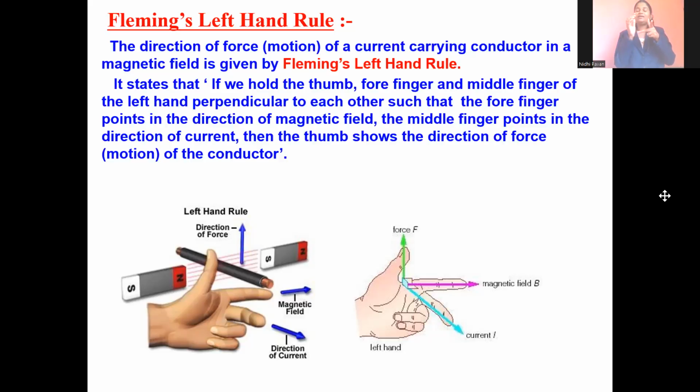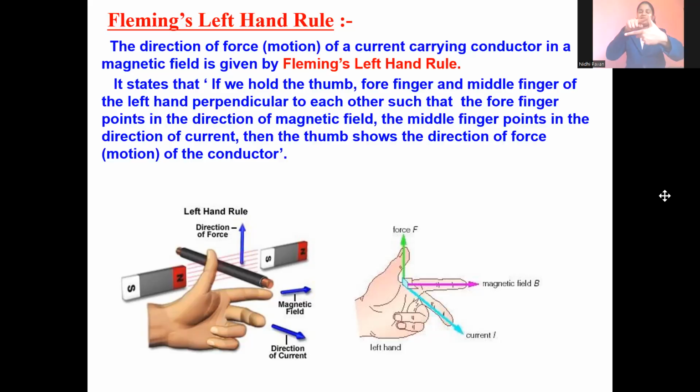As I said, the magnetic field exerts some force on the conductor, which makes the conductor displace from its position. The direction in which the conductor moves will be indicated by the thumb. This is Fleming's left hand rule.